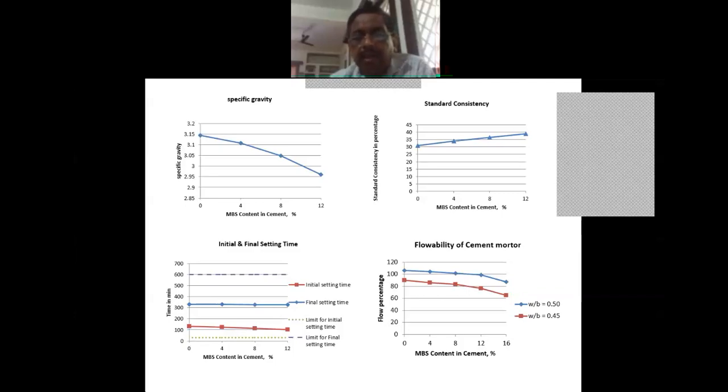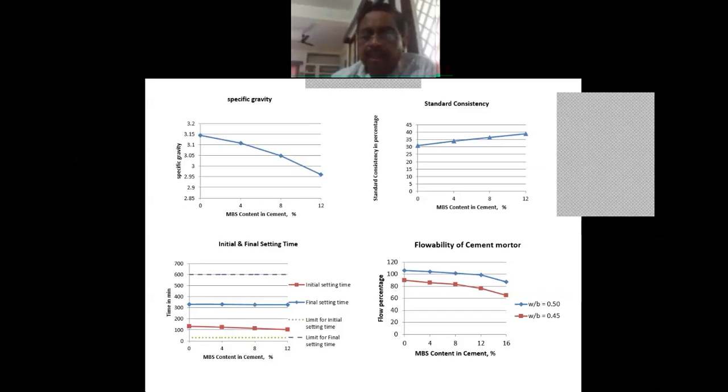That loss of workability may be due to an increase in the standard consistency limit or a decrease in specific gravity, so the total volume is increased. Once the volume is increased, the initial water you provided may not be sufficient, and that may lead to flow and workability problems.